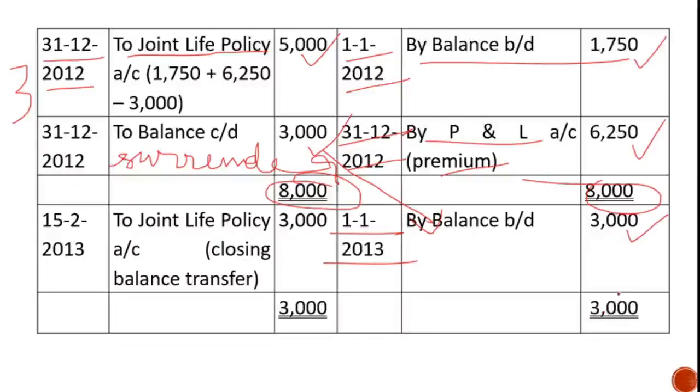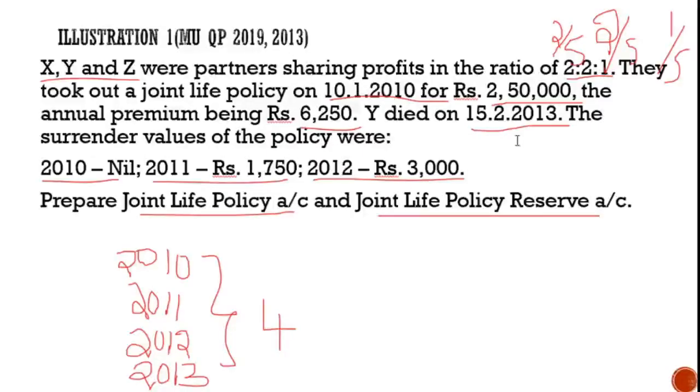Now this account will be closed by transferring this balance to a separate account which is called the joint life policy account, which we have already prepared partially. Now this balance falls due on 15/2/2013. This is the fourth year and we received the amount from the insurance company. Date is not given.